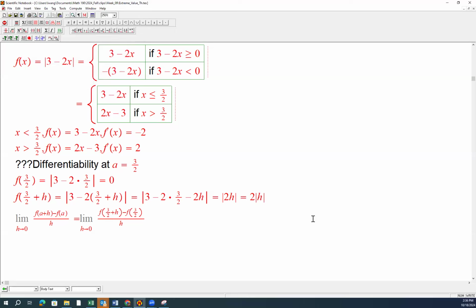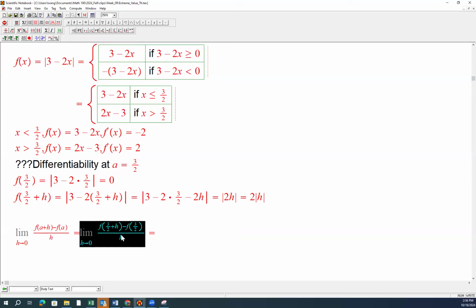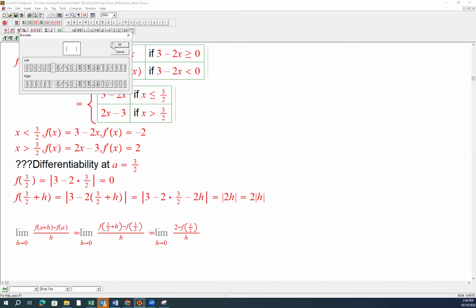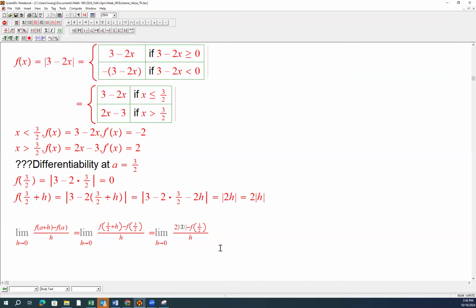Now let's plug in. When we plug in f of 3/2 plus h, we ended up with 2 times the absolute value of h.